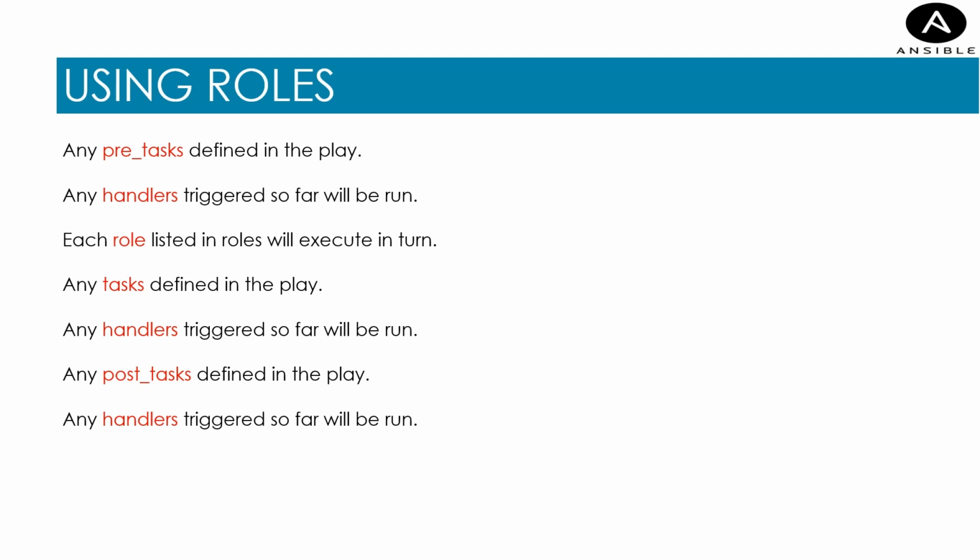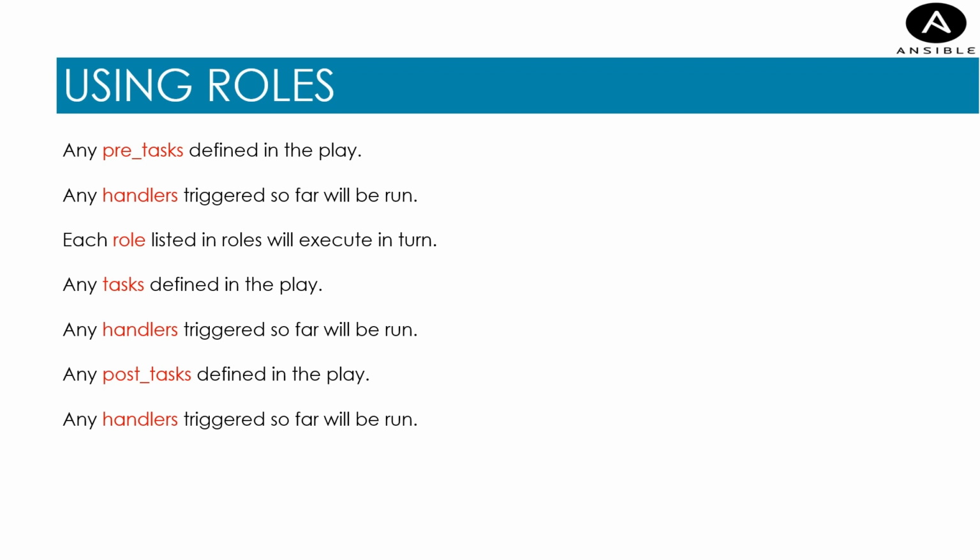What happens, especially in these ones, I want to talk about the pre-task, post-task, and then in between, role and handler. If we have any pre-task defined in the play, and any handlers triggered so far will be run, then each role listed in the roles will be executed in turn.